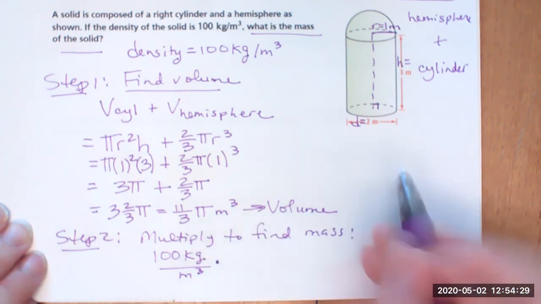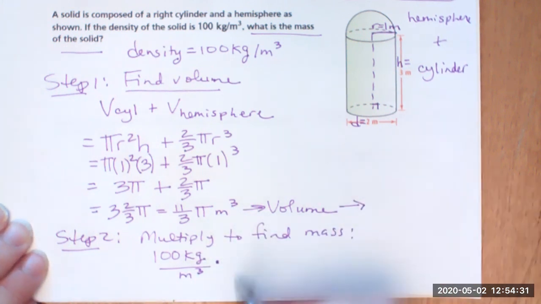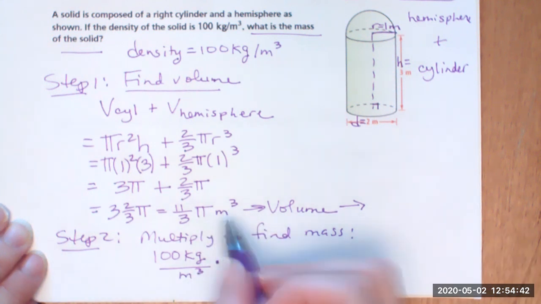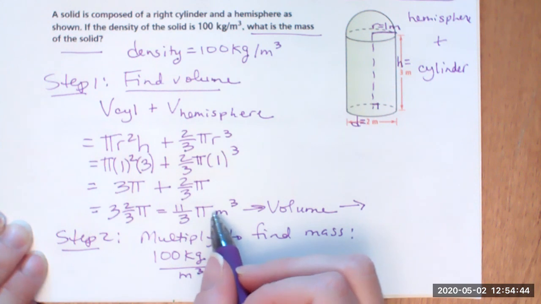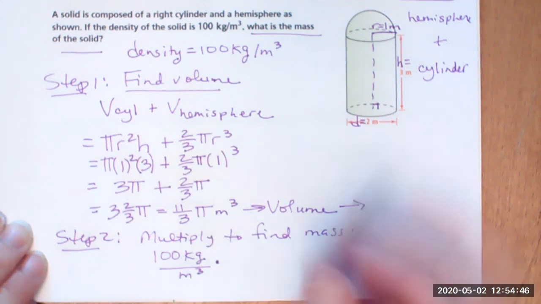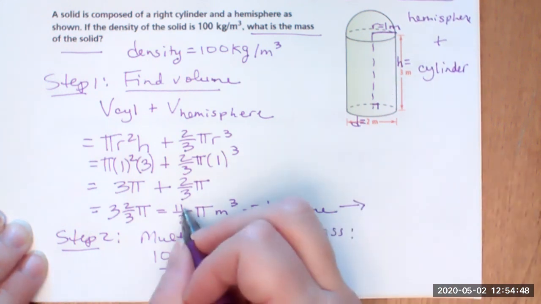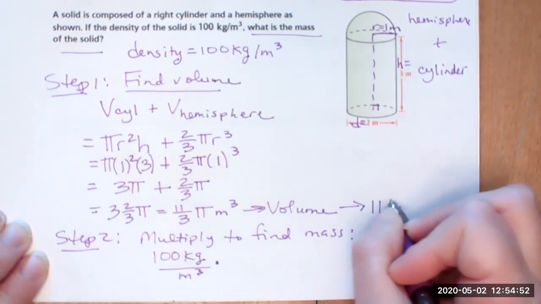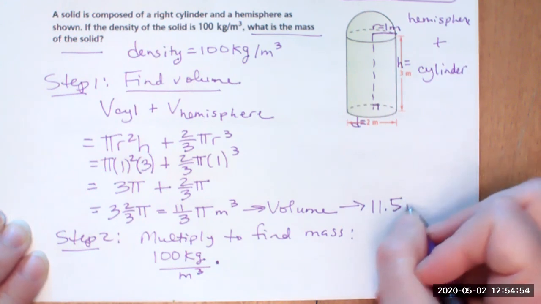Before we multiply, let's figure out what this volume is after we've multiplied by pi. If I multiply 11/3 times pi, it comes out to about 11.5 cubic meters.